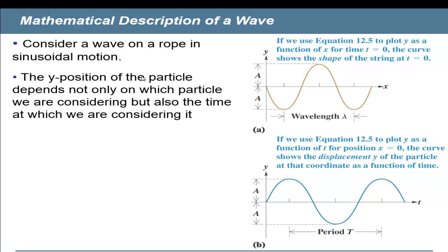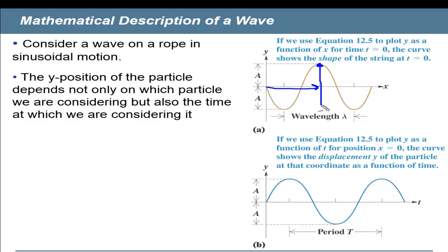If I'm talking about, let's say, a particle right at this crest right here, then I have some distance over here in x, right? But when am I talking about that? I also need to say, well, when do I care about what that one's doing? Because I know it's changing in time.